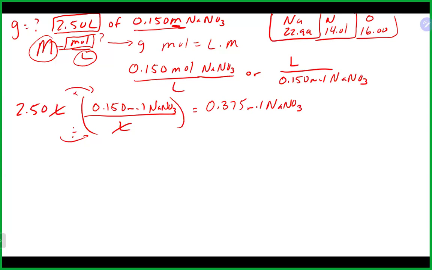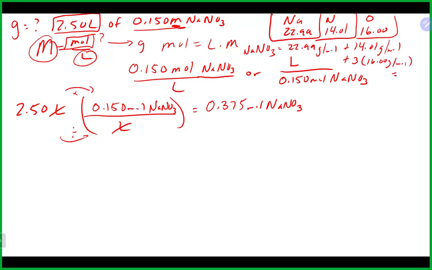Now, 0.375 moles of sodium nitrate is great, except that if I wanted to go weigh this out, like you will do in this experiment, you probably want how many grams it is. So at this point, we can now use the moles to get to grams, and that is NaNO3. So that's 22.99 plus 14.01 plus 3 times 16 here for the molar mass from the periodic table.